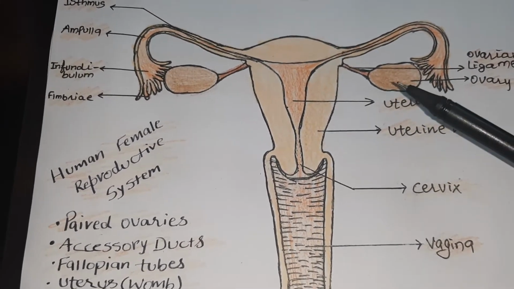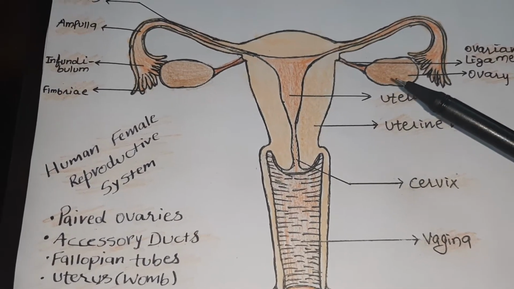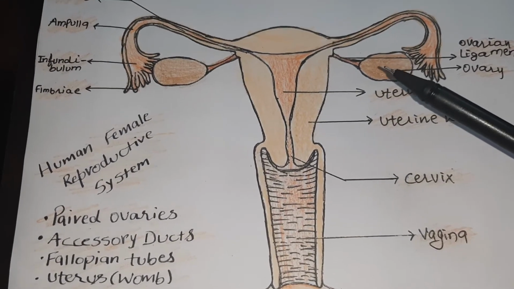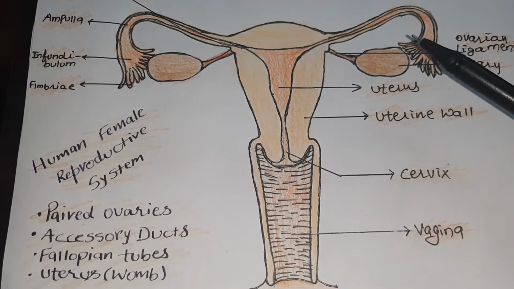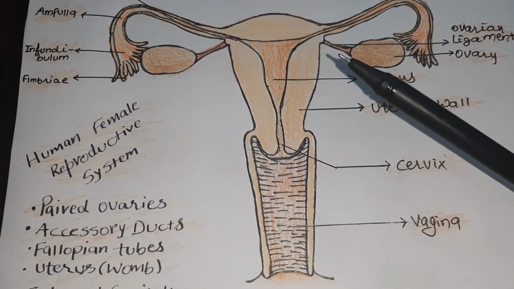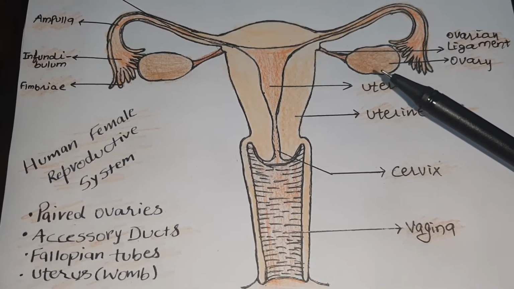Each ovary is covered by thin epithelium which encloses the ovarian stroma. Later on we will discuss about the internal part of the ovary. That is, we will discuss the section of ovary where I will discuss about the oogenesis.